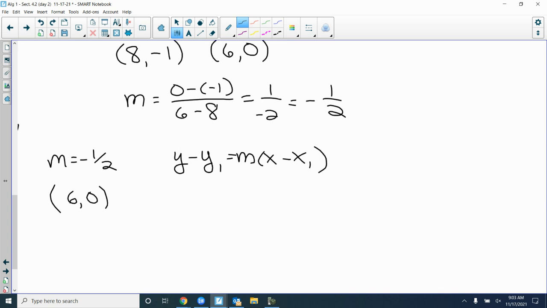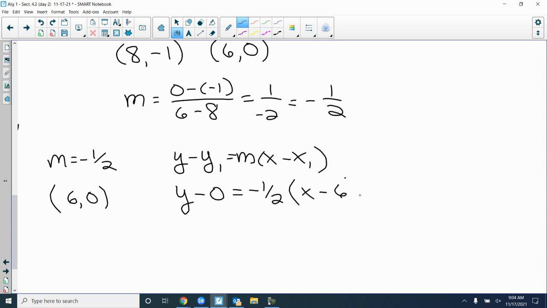All right, now how am I plugging this in? Okay, Alex? Y equals. Or wait, you were a little bit ahead of the game. Tell me specifically what to put in each spot. So I get this y, and then what goes where y1 is? 0. So you put y minus 0 equals negative 1/2, and then x minus 6.